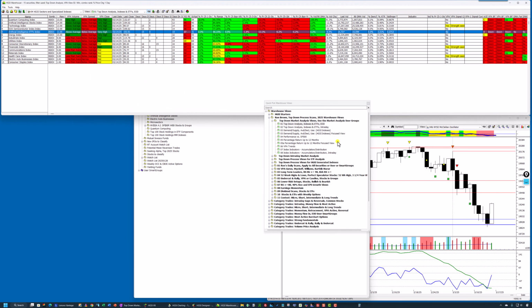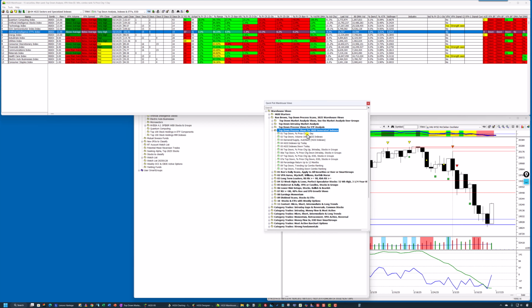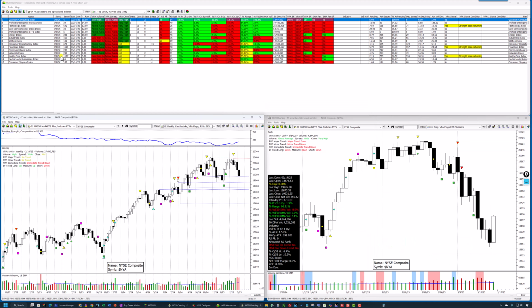I am currently in top-down market analysis, but I'm going to go down here to the top-down process views for HDSI generated indexes, because these are all generated by HDSI. If the symbol says index, that means they're generated by the software. Okay, I'm currently in the HDSI sectors and specialized indexes.